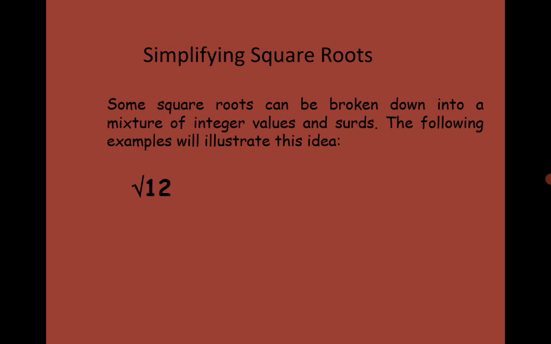let's look at 12, square root of 12. Trust me, square root of 12 is a surd, because you can't just write down the exact value of square root of 12.